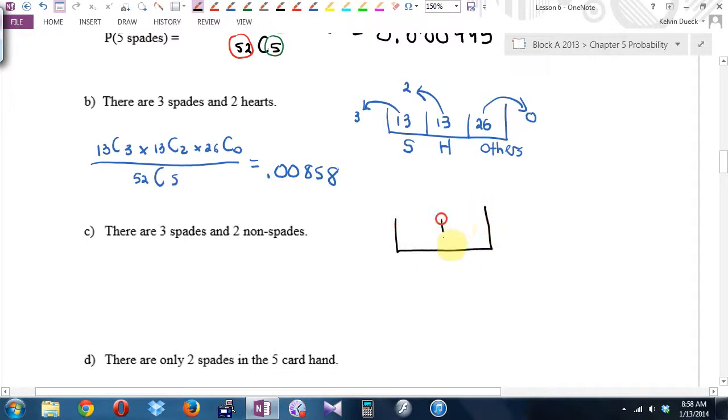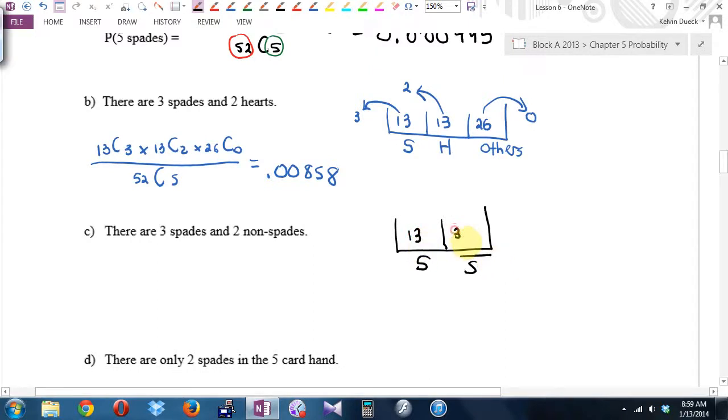It's going to look like this. Spades and not spades. How many spades are there in the deck? 13. How many others are there?